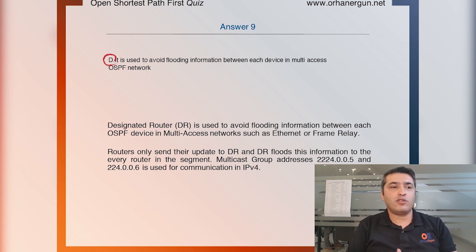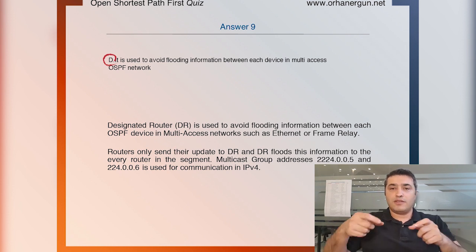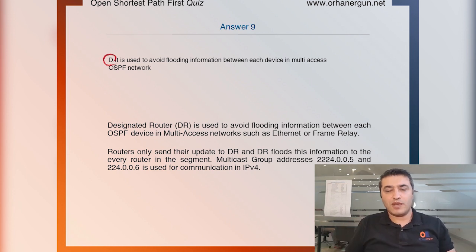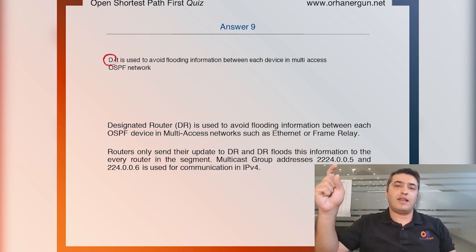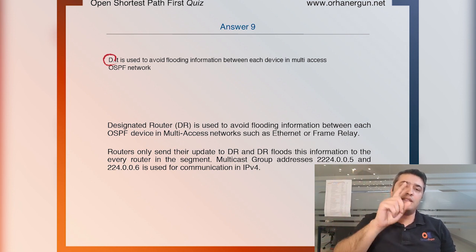It is used to avoid flooding information between each device in a multi-access network. If you have 10 routers connected to an Ethernet segment, instead of having 45 OSPF neighborships, the remaining 8 routers will just have neighborship with DR and BDR.